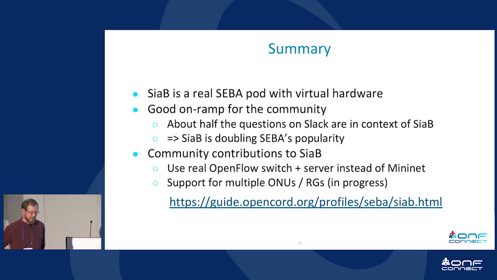In previous versions of CORD, we had CORD-in-a-Box, which I don't know if anybody is familiar with or has used. One of the big differences between CORD-in-a-Box and SEBA-in-a-Box is that SEBA-in-a-Box now includes Voltha, whereas CORD-in-a-Box didn't have Voltha. It had VNFs that were running in VMs on OpenStack.